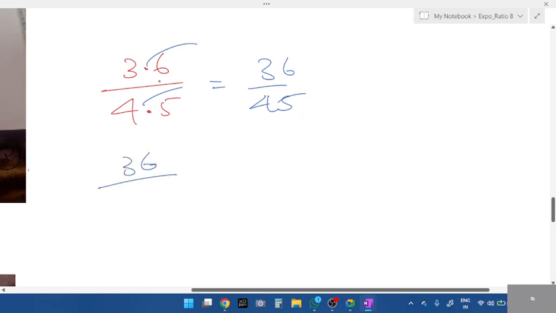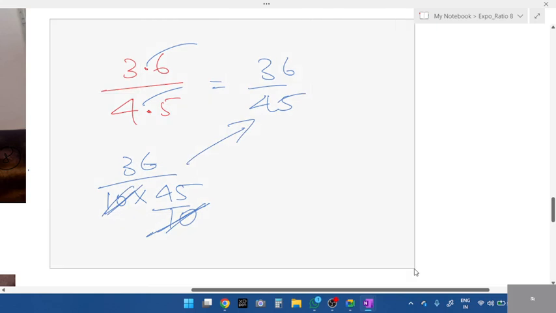Even if you multiply, you're going to get the same thing. I'll tell you how. We can write 3.6 as 36 divided by 10. We can write 4.5 as 45 divided by 10. What gets cancelled? 10 and 10 get cancelled. So are we left with 36 by 45? Yes. So this is the concept. If you have an equal number, just remove the decimal.